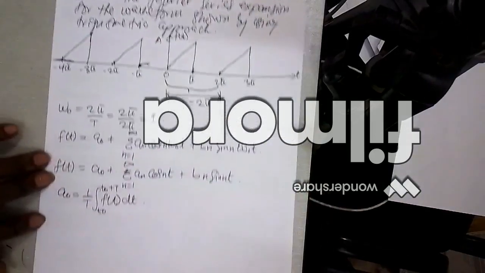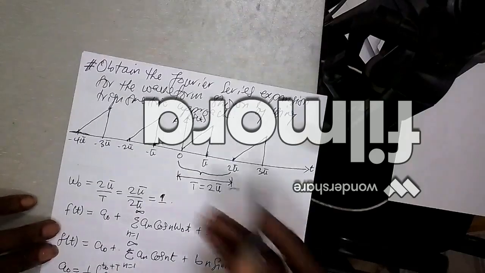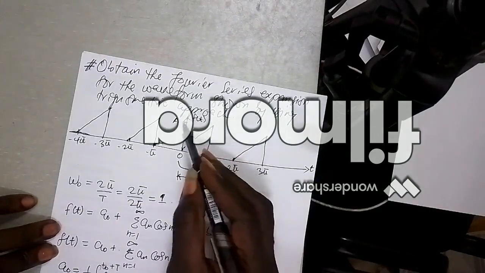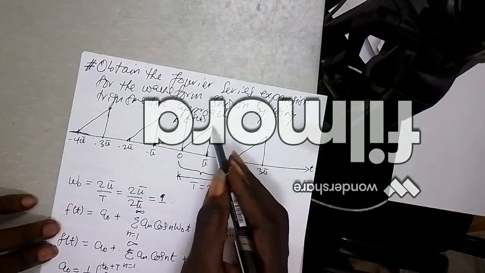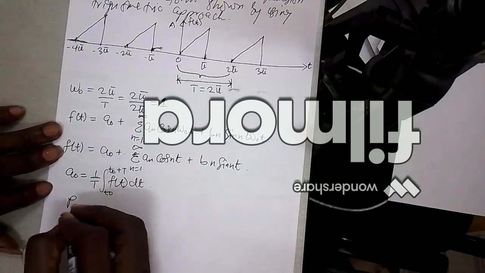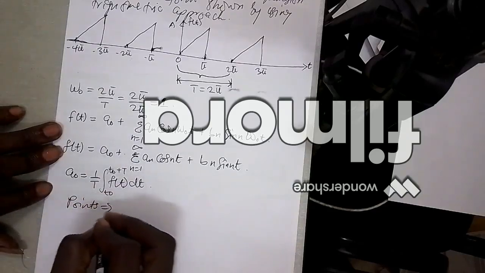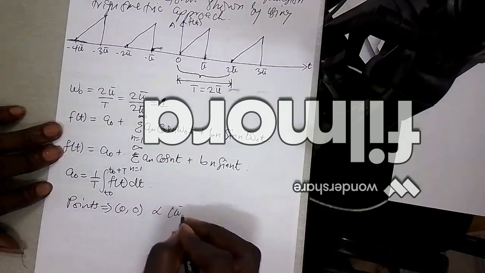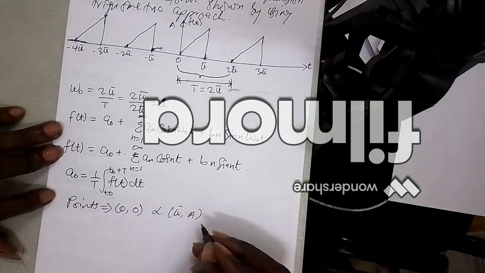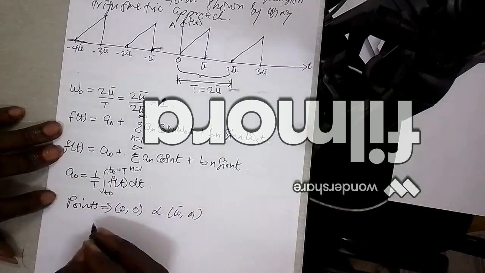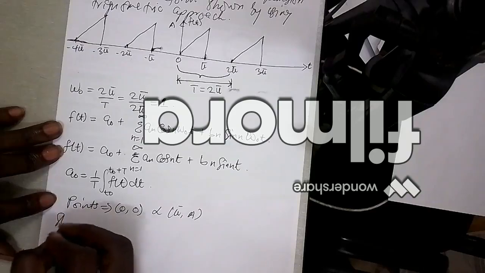Alright, so now here I'll use the points. Here the point is 0, 0. Here the point is pi, A. So I'll use the points 0, 0 and pi, A. Now what I'm going to have is the slope.